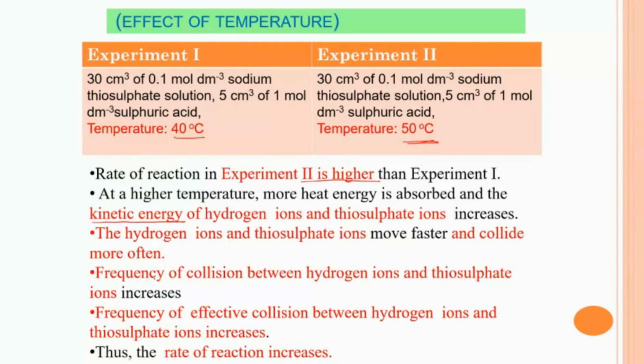Then frequency of collisions between the hydrogen ions and thiosulfate ions increases. This one is using sodium thiosulfate and sulfuric acid. Hydrochloric acid is also the same. The effective collisions increase, then higher rate of reaction. So when we talk about temperature, you need to mention the kinetic energy.